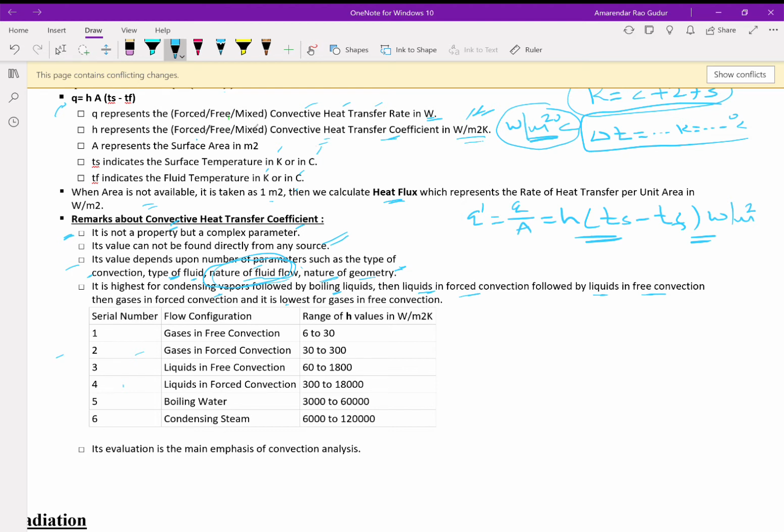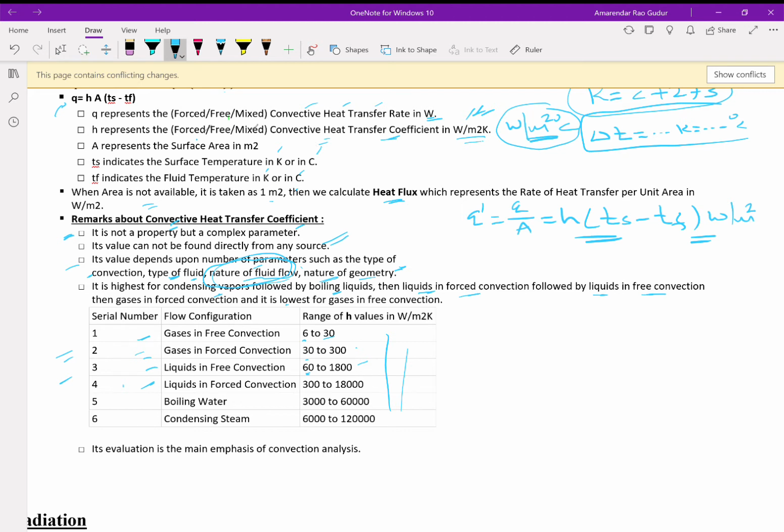This table illustrates the typical range of convective heat transfer coefficients for various flow configurations in ascending order. When you have a gas in free convection, h may vary from 6 to 30. When the same gas is flowing, h may be as much as 30 to 300. For a liquid in free convection, it may be 60 to 1800.